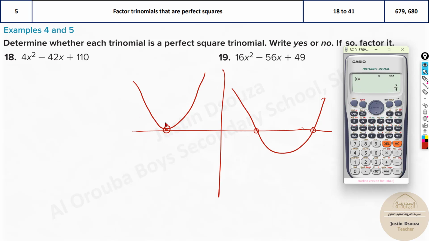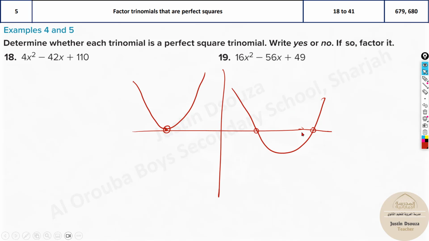It's only one x, which means it has only one solution, so it's a perfect square trinomial. So the easy way is to solve it in the calculator. Because it's an MCQ, question number 5, you don't need to do the methods. If you get only one answer for x in your calculator, then it's a perfect square trinomial, so yes is the answer. If you get two answers, no.